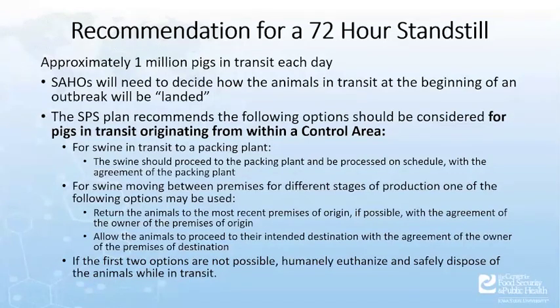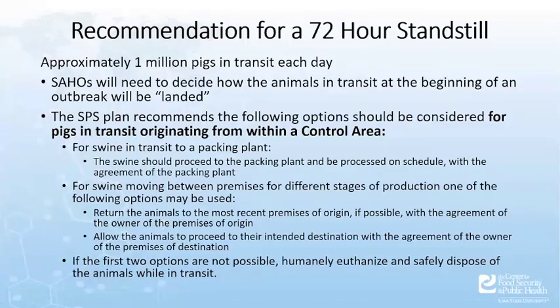The SPS plan recommends the following options should be considered for pigs in transit originating from within a control area. And this is for FMD, CSF, or ASF. For swine in transit to a packing plant, the swine should proceed to the packing plant and be processed on schedule with the agreement of the packing plant. The packing plant has to agree to accept the animals.